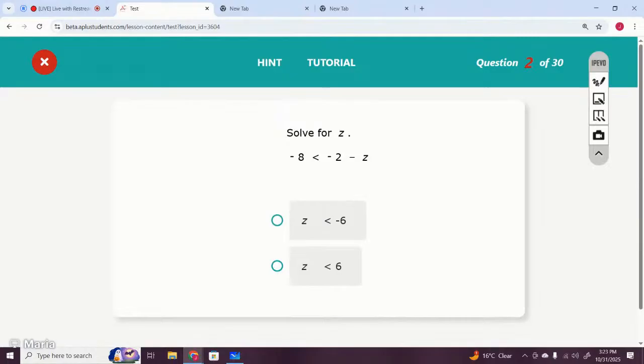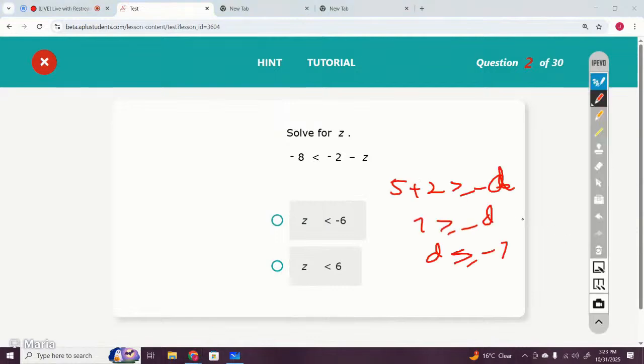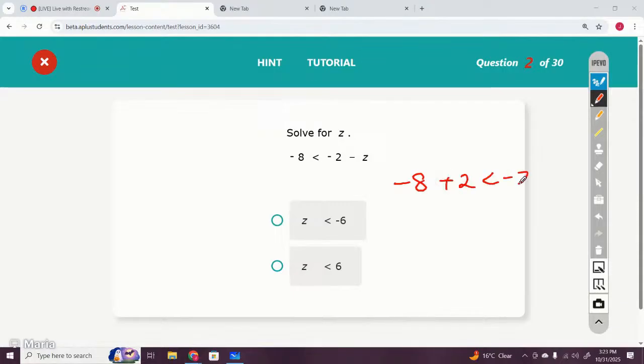Negative 8 is less than negative 2 minus z. So negative 8 plus 2 is less than negative z. Negative 6 is less than negative z. So z is less than 6.